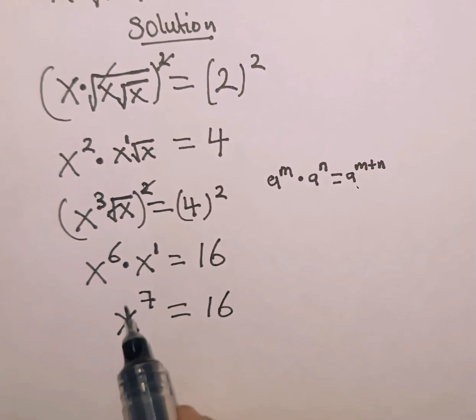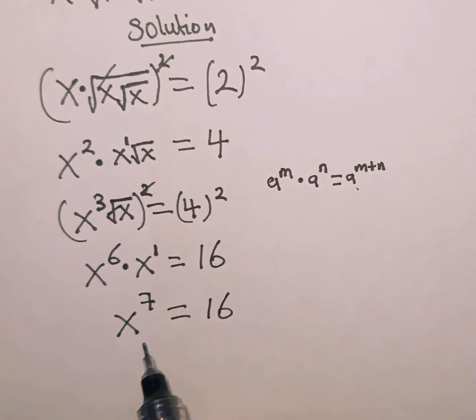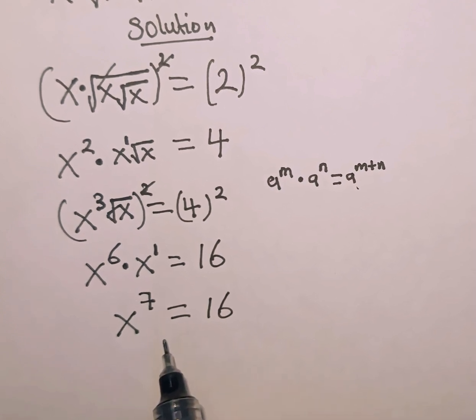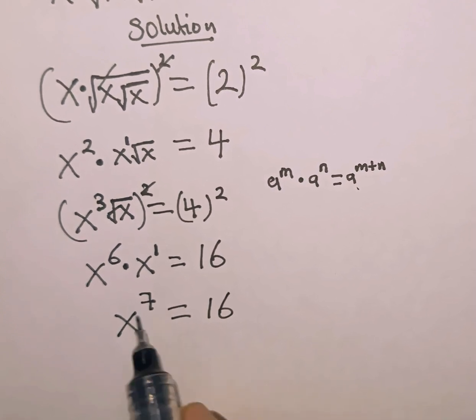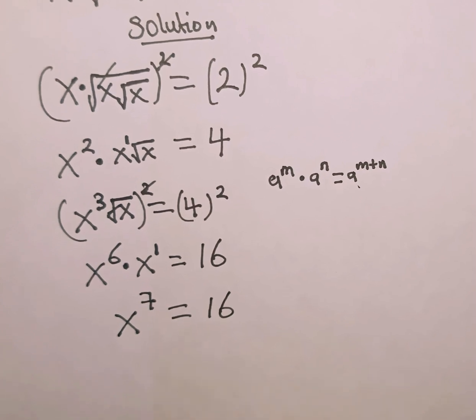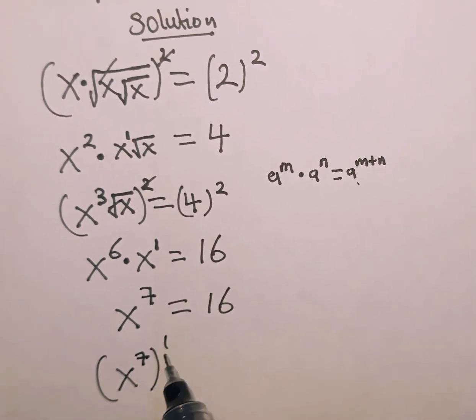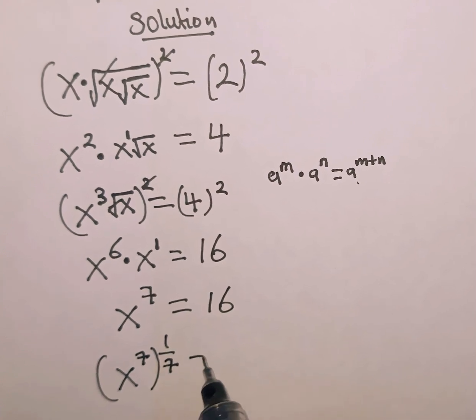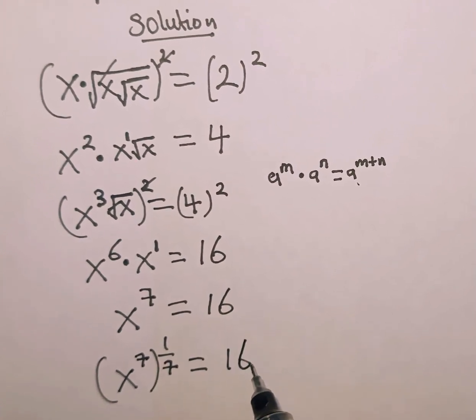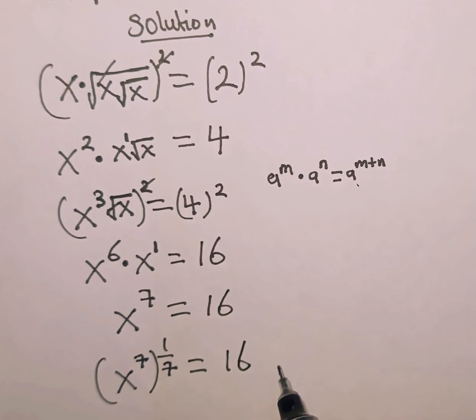So how are we going to remove this 7 now? When we raise both sides of this equation to the power of 1 over 7, as you can see, the power is going to cancel. So let's try that. We have x to the power of 7, all raised to the power of 1 over 7, is equal to 16. And remember, anything you do to one part of the equation, you must do to the second side.